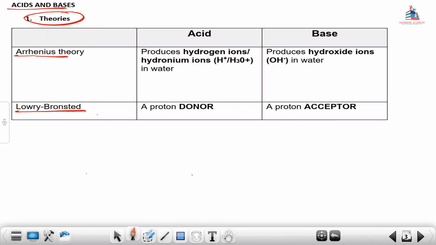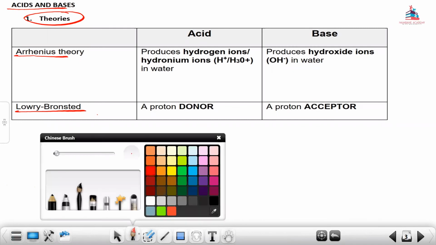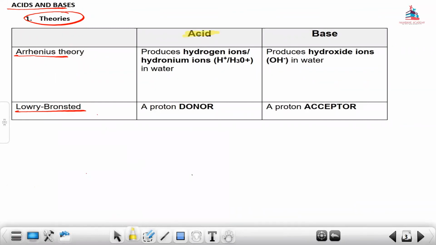They defined exactly what is an acid, and also what is a base. The two theories allow us to build on them and give us a proper foundation of exactly what is an acid and what is a base.